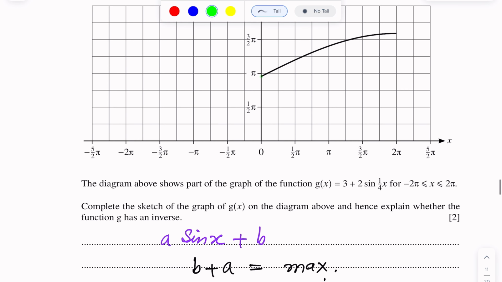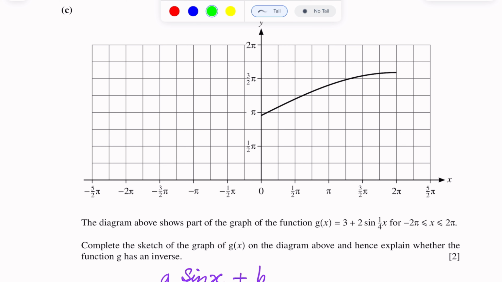Clearly the constant value is 3. This is the baseline. So baseline passes through 3.